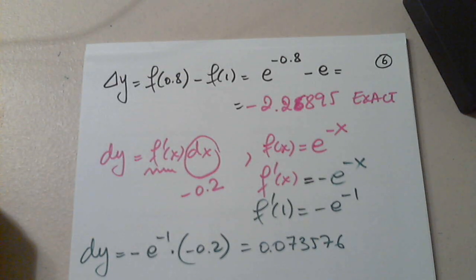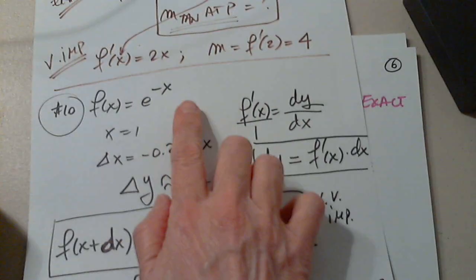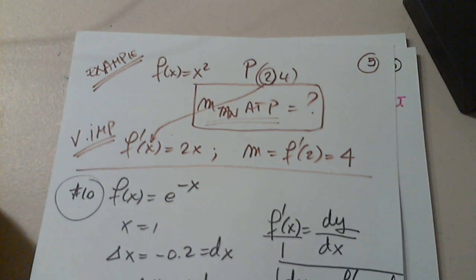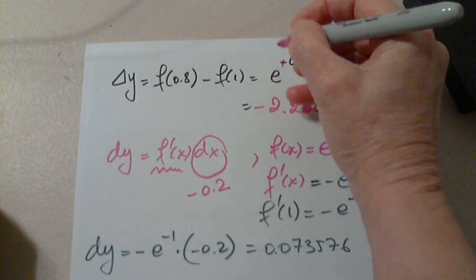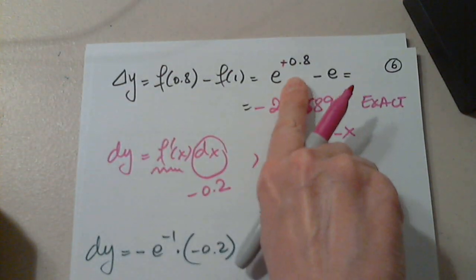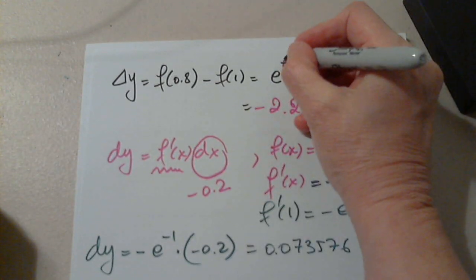Where is my first page here? Okay, so we had e to negative x. Did I put, I got it, sure. I said 0.8, but I put negative 0.8. So it was 0.8, but I put negative 0.8. So this is incorrect. They can't be that far.